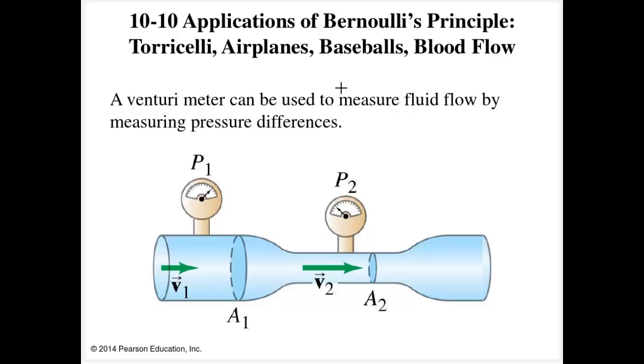Another application that you might see is something called a Venturi meter, and these are something that I used to use at NASA when we were flying on aircraft. We were interested in flow through our various tubing. Essentially what we did was we could measure the pressure at one point in the tube, and we know what the area is.